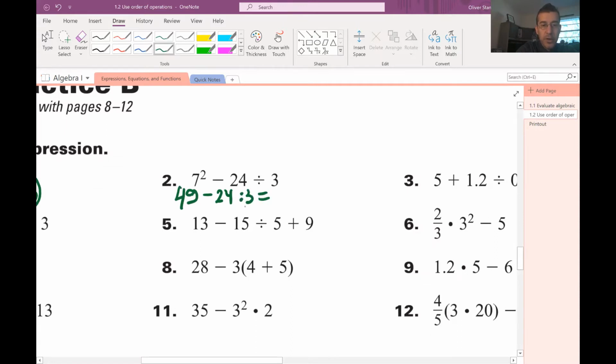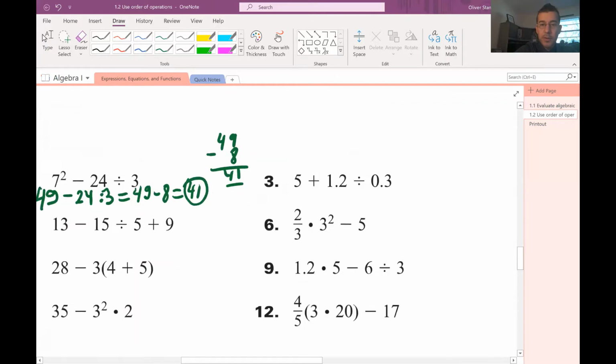Now we have subtraction and division. Division takes priority. 24 divided by 3 is 8, because 3 times 8 is 24. And 49 minus 8 is 41, right? Again, 49 minus 8: 9 minus 8 is 1, 4, 41.